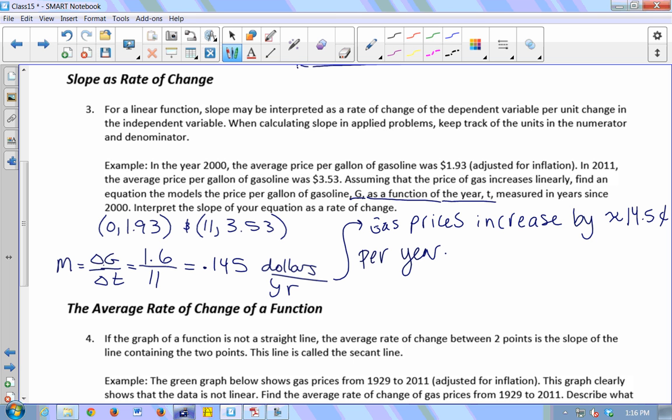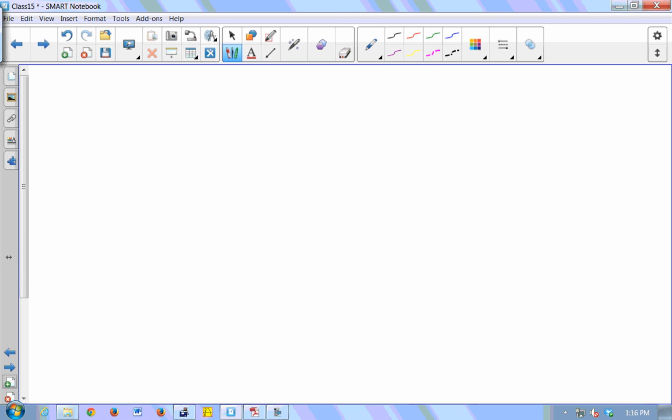Really common mistake. I actually have been collecting pictures of this mistake all over the place. I found it in Home Depot one time. It was a sale on trash bags, a box of 100 trash bags, and they said it was 0.1 cents per bag, right?